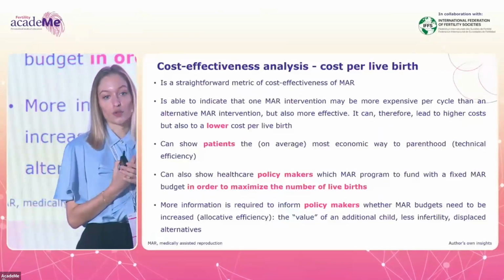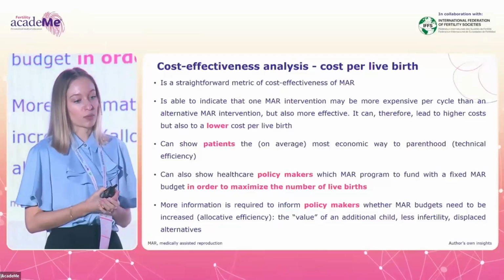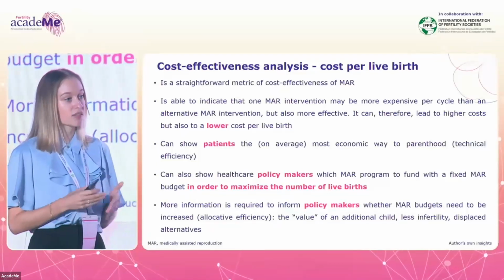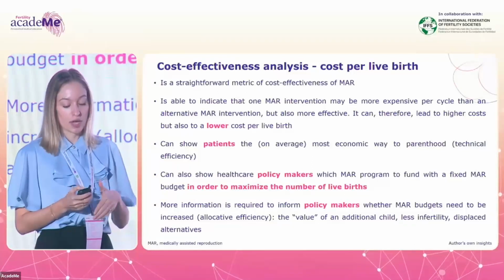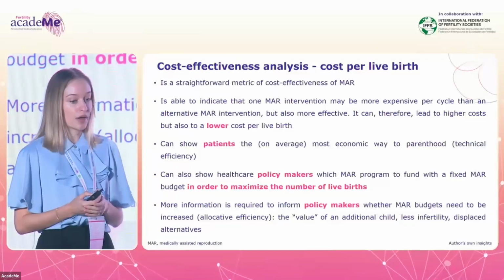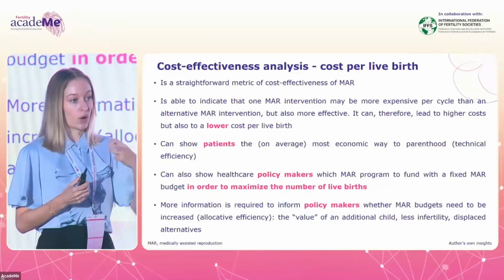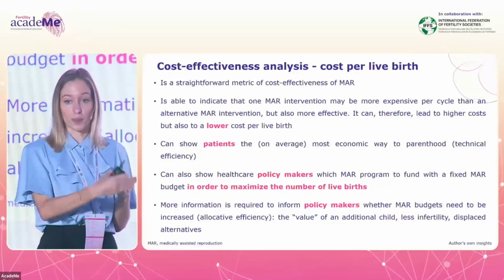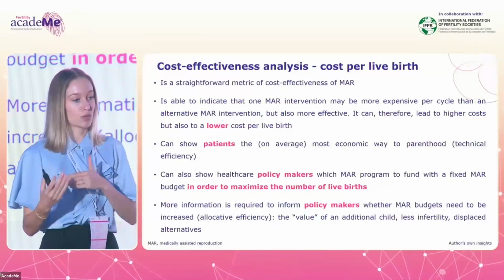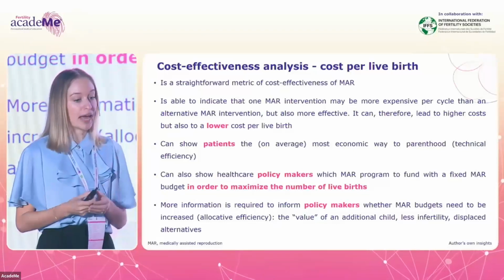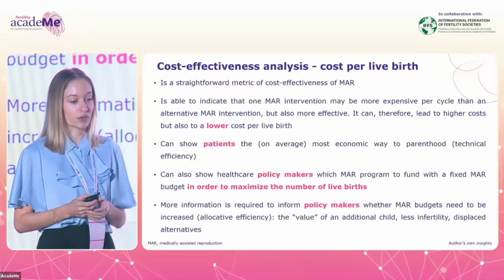As I said, the most performed type of economic evaluation was a cost-effectiveness analysis calculating a cost per live birth. This is a straightforward metric of cost effectiveness. It's able to indicate that one MAR intervention may be more expensive per treatment cycle, but may also be more effective, so it can actually have a lower cost per live birth.